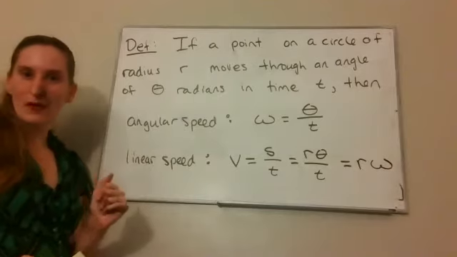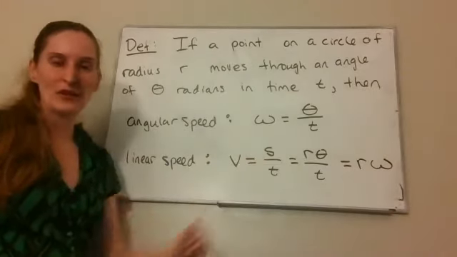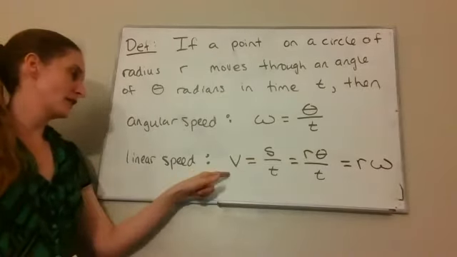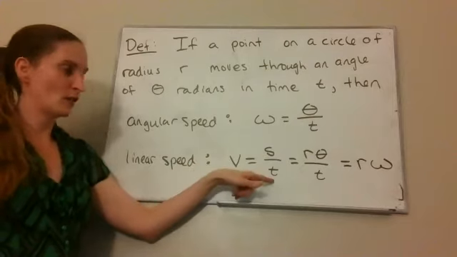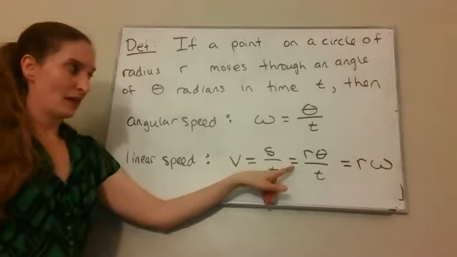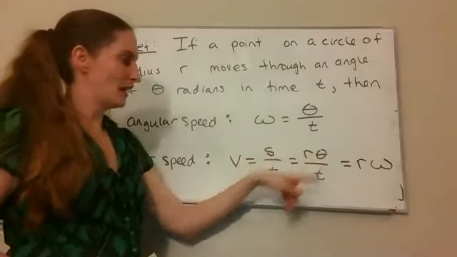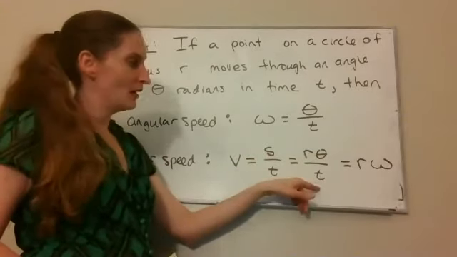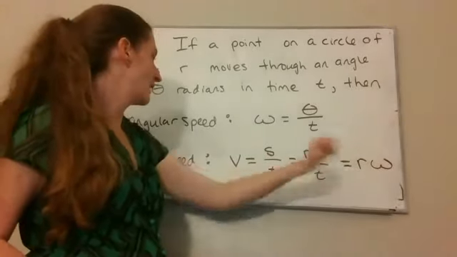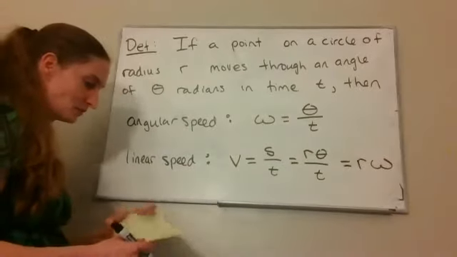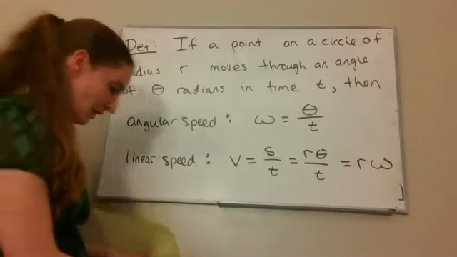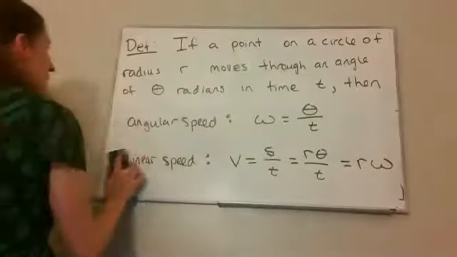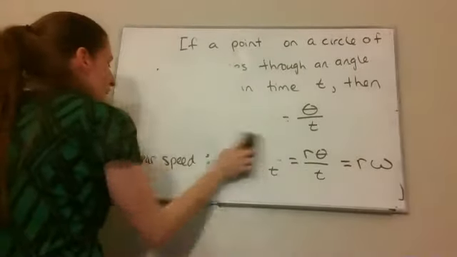So that's a pretty long formula there, but it's all equivalent definitions. Your linear speed is the measure of the arc over time. That's the same thing as your radius times the angle over time, which is the same thing as your radius times your angular speed. So let's do an example where we need to find these different types of speed.